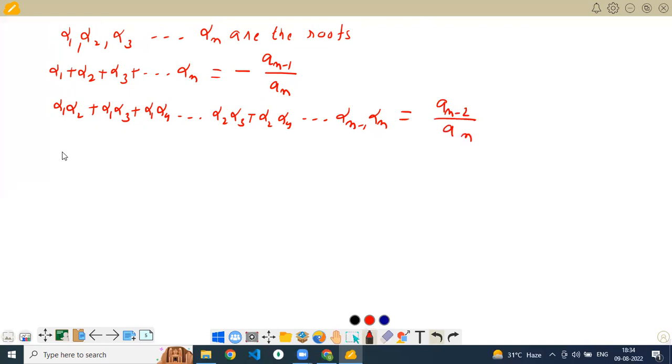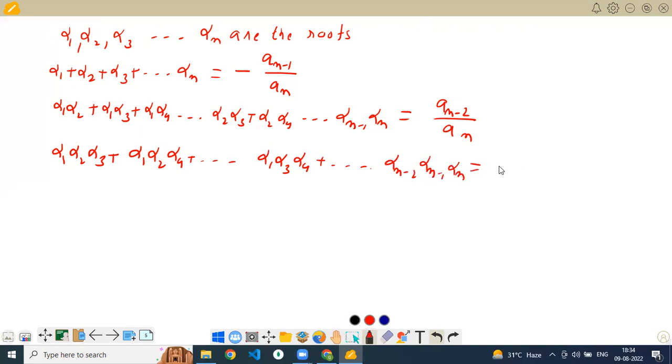Then if we take three roots at a time, alpha 1 alpha 2 alpha 3 plus alpha 1 alpha 2 alpha 4 ... alpha 1 alpha 3 alpha 4 ... alpha (n-2) alpha (n-1) alpha n, then this is minus a_(n-3) divided by a_n.